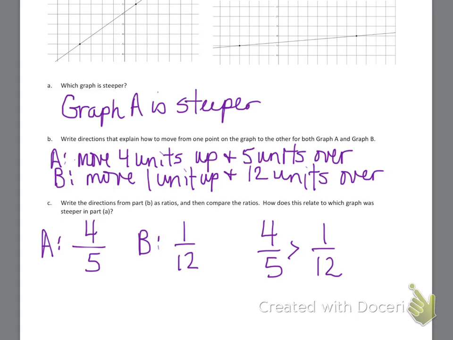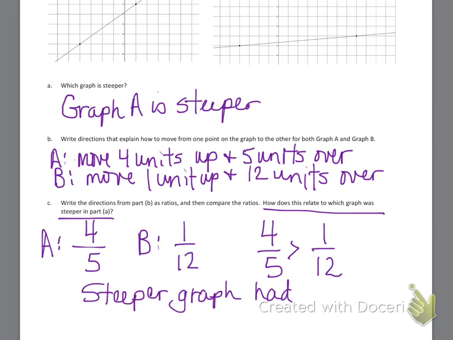So the ratio of moving up to moving over is greater in the steeper graph. So how does this relate to which graph was steeper? The steeper graph had the greater ratio. And there's the greater ratio there.